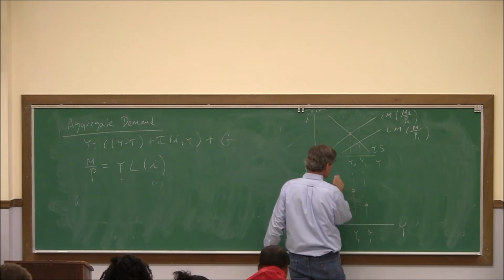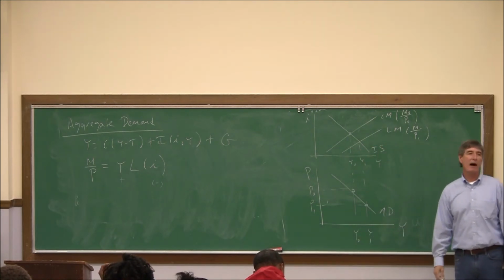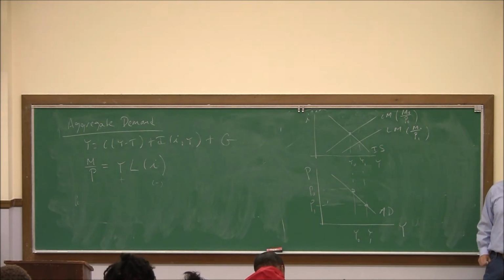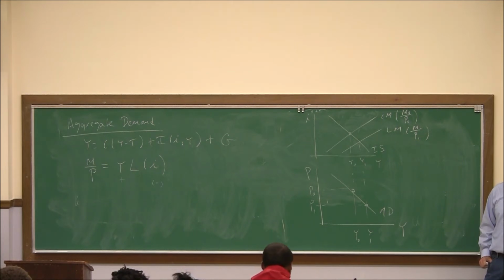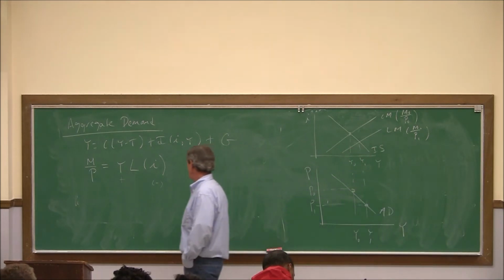So at a lower price, you get a higher level of output. So that's the relationship between price and output on the demand side of the economy. And it's an easy story.